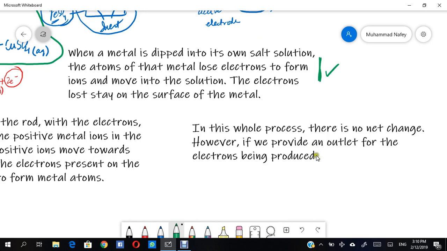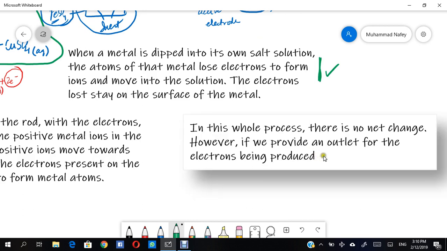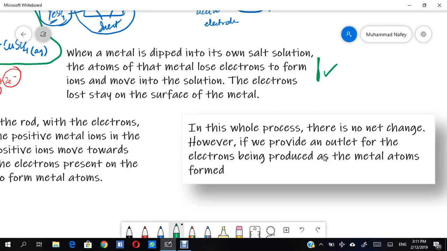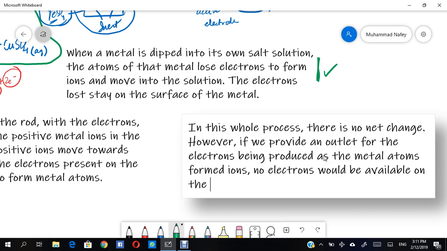However, if we provide an outlet for the electrons being produced as the metal atoms form ions, no electrons would be available on the surface of the metal rod to combine with the ions in the solution.